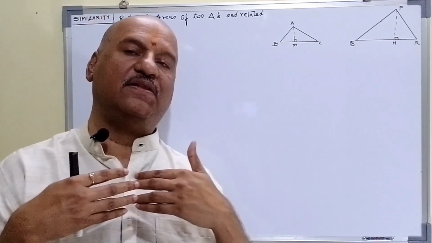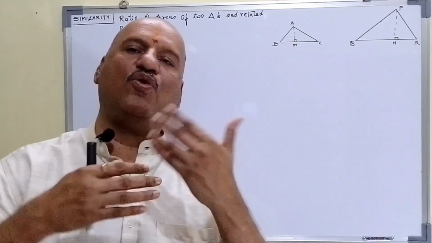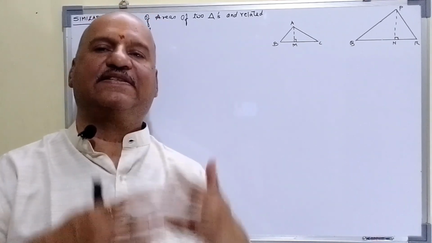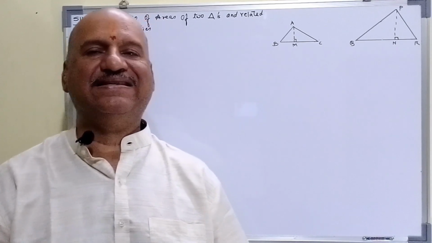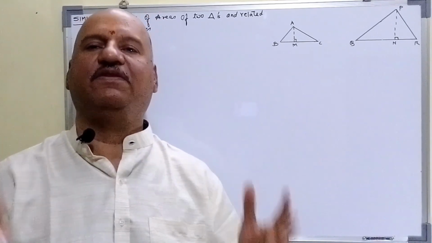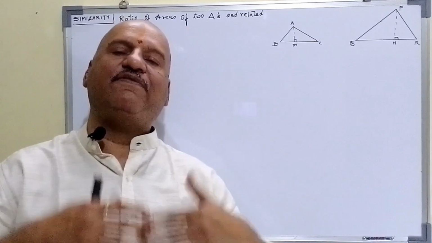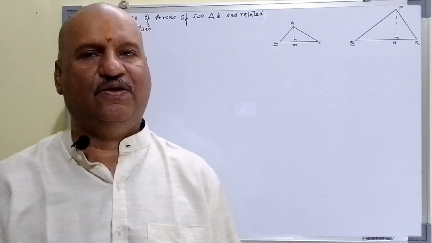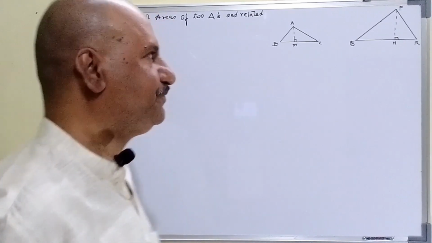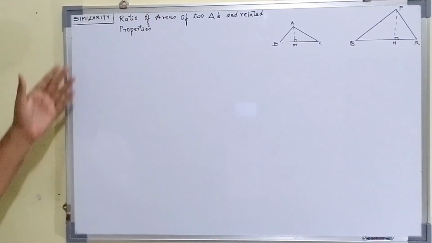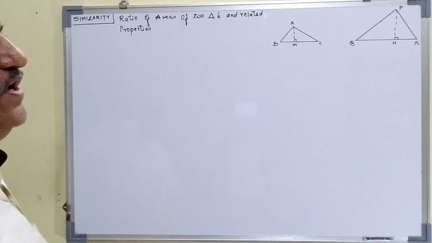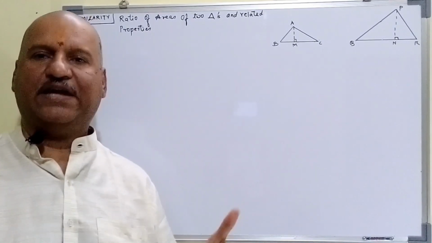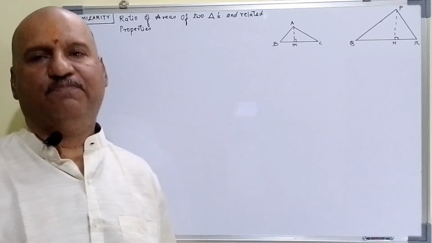1.1, and when we complete that, before we go to the theorem, I will explain what is meant by similar triangles or similar figures. And then we go to the theorem, and then we enter into the chapter of similarity. Okay, let us start now. We are going to study the ratio of areas of two triangles and their related properties.